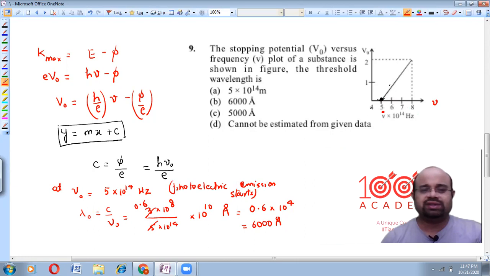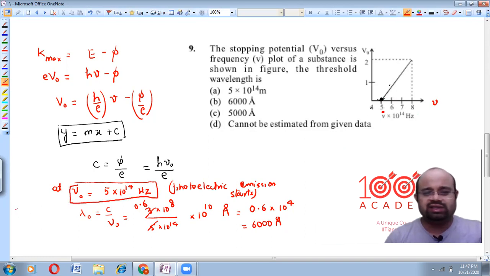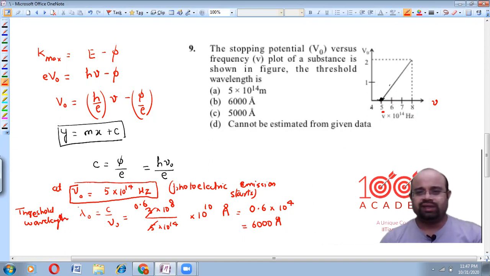This minimum frequency at which photoelectric emission starts is called the threshold frequency, and we have to find the corresponding wavelength, which is lambda naught, the threshold wavelength. Okay, students, so you can see the answer here is 6000 angstrom.